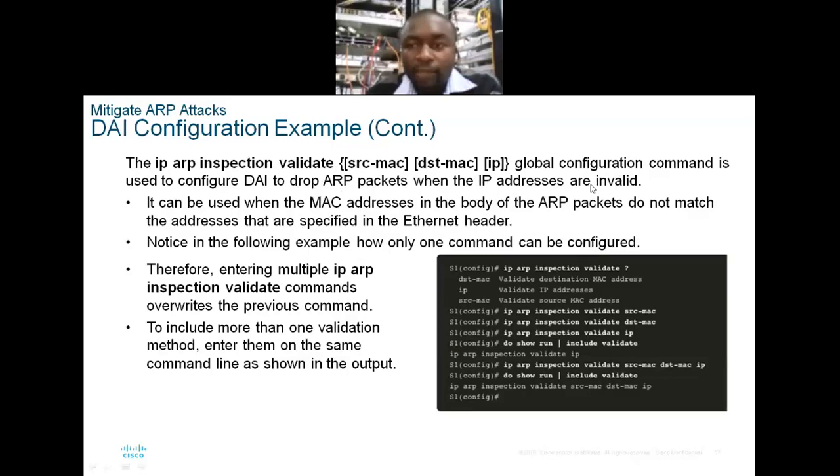All right. Now globally, use the spanning-tree portfast default global configuration command to enable PortFast on all access ports. Okay. So here you do it when you want to specify it on a particular port. Here you want to do it on all access ports. Okay, but it's important that you know that it's only for access ports. All right.